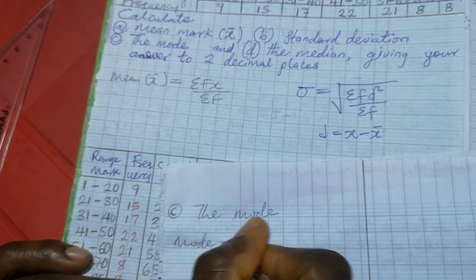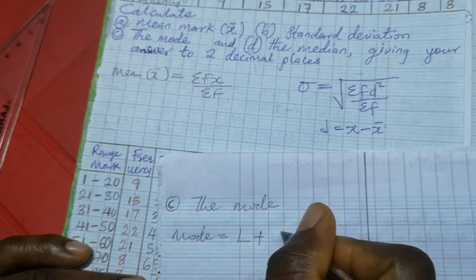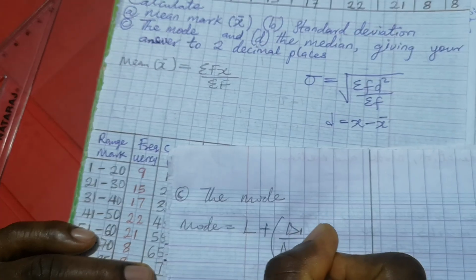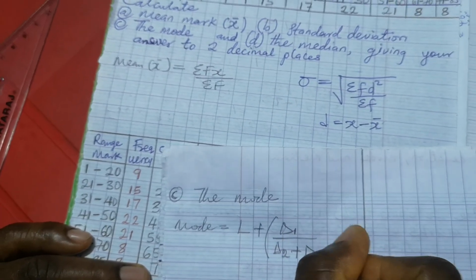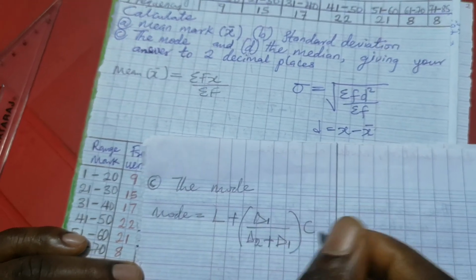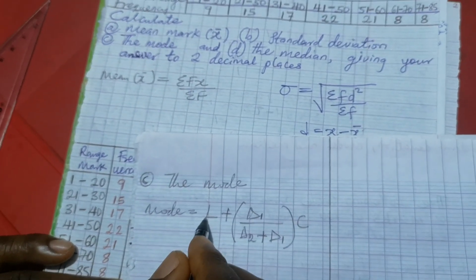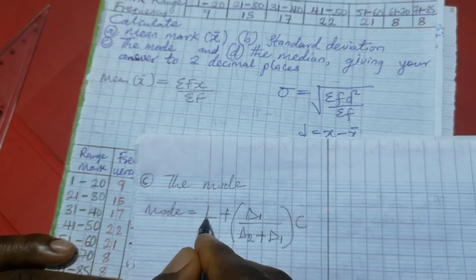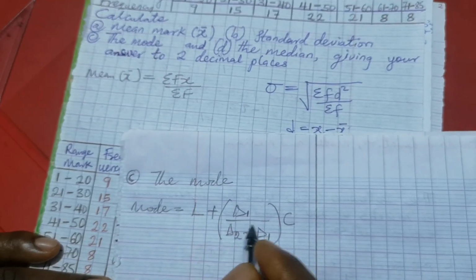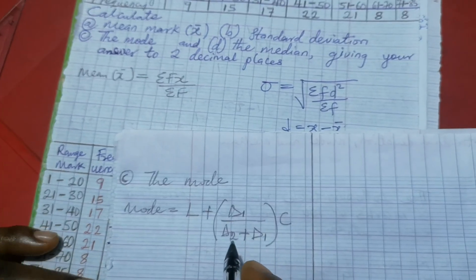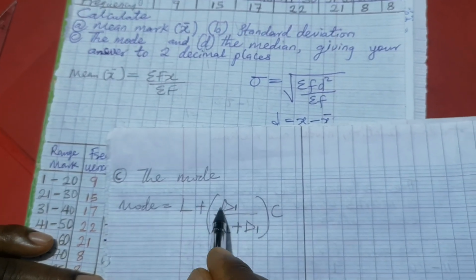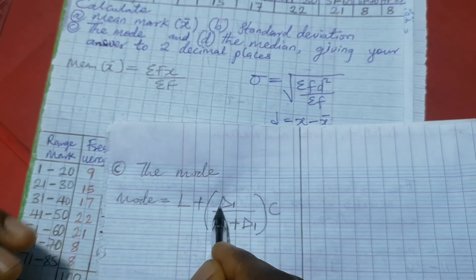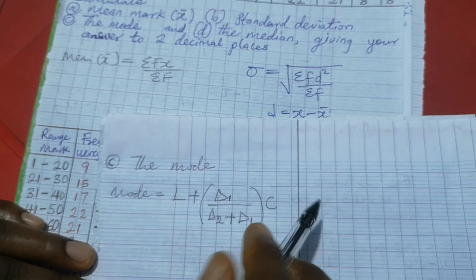Mode is equal to L plus, in brackets, d1 all over d2 plus d1, close the bracket, times C. Now this L is the lower class boundary of the modal class, and D1 is the difference between the frequency of the modal class and the class before it.